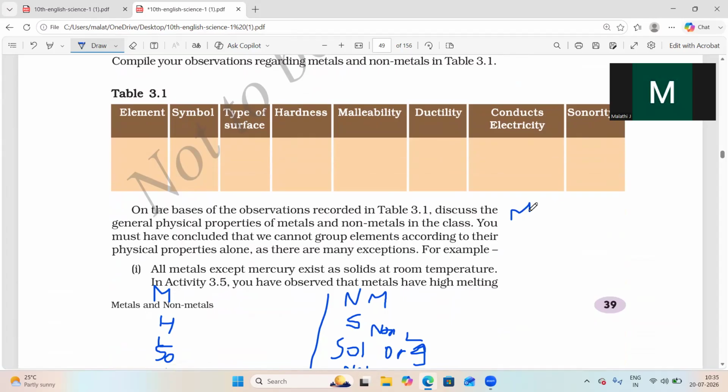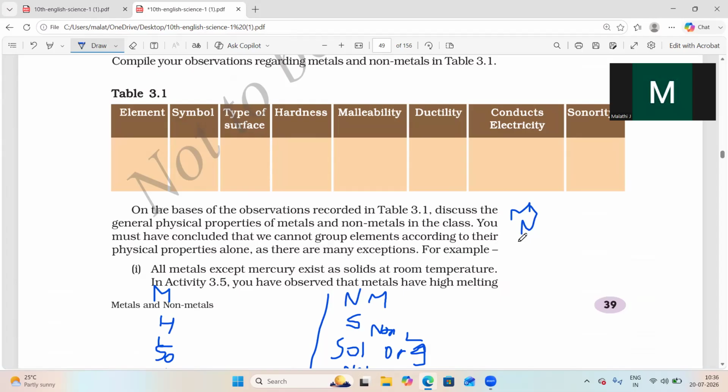Metals are ductile, meaning they can be made into thin wires, but non-metals are not ductile. Metals have high melting and boiling points, while non-metals have low melting and boiling points.